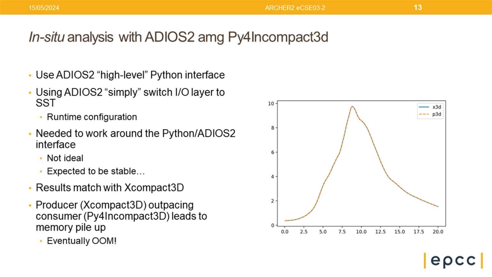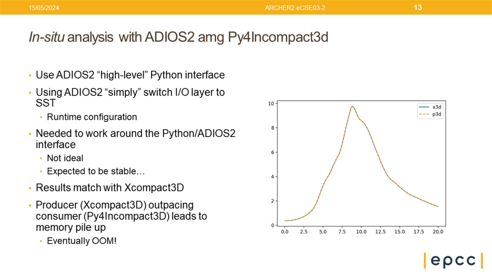So I needed to dig into the iterator that it exposes and start using that, but it's not really ideal because in theory it could change, but given it's the way that Python loops seem to work, I think that this is likely to remain stable. As I said, this matches the data generated by Xcompact3D directly, so it all appears to be working well.